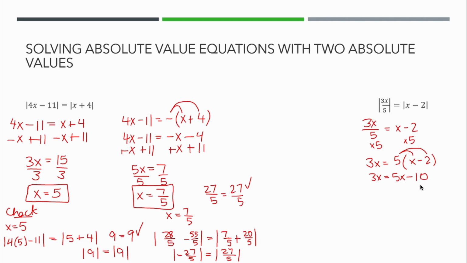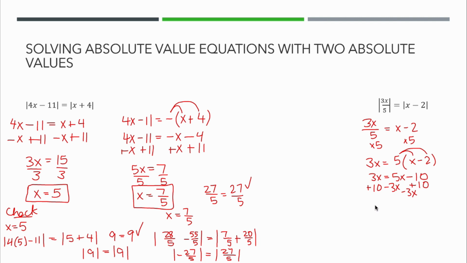Now, what I like to do here is I like to just move these around so we have positive values instead of any negatives because I prefer not to work with negatives as much as possible. So we add 10 to both sides and subtract 3x from both sides.